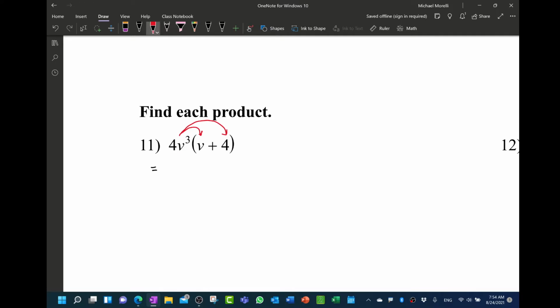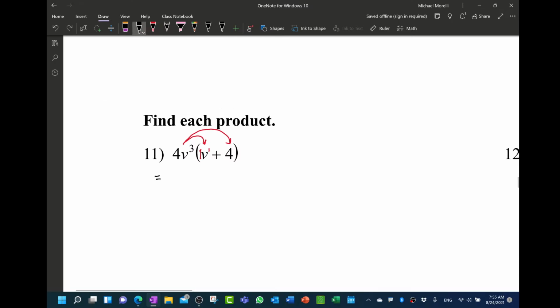So the coefficient of this letter is a 1. And do you remember what the exponent is when there's nothing written? It's a 1. That's going to become relevant here in just a moment. So first, let's multiply the coefficients. 4 times 1 is 4.